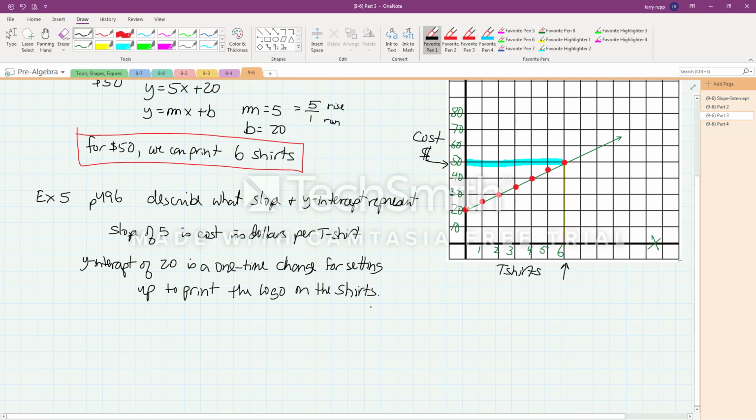Because once the logo is set up, then you can run all these shirts through there, but it takes a bit of time and effort to get the logo set up in the first place, and that's what the $20 charge is.